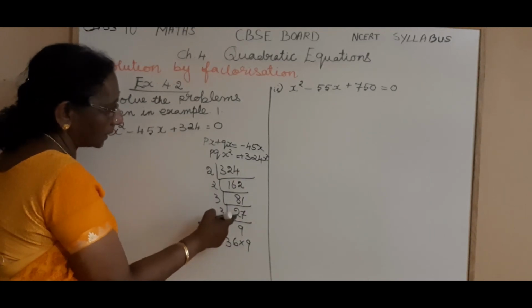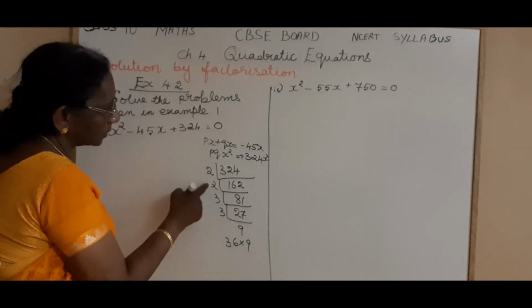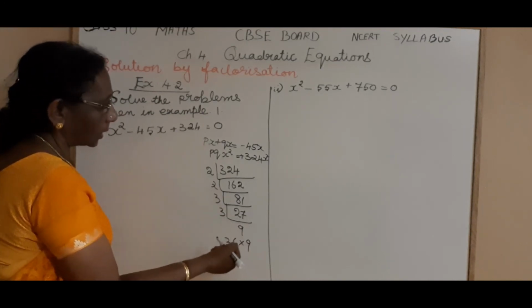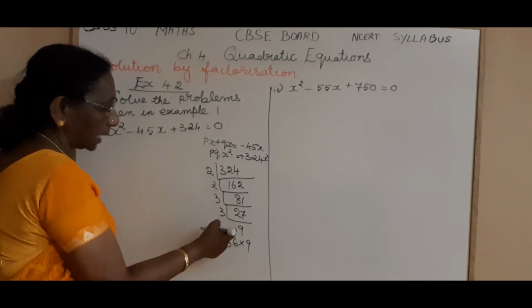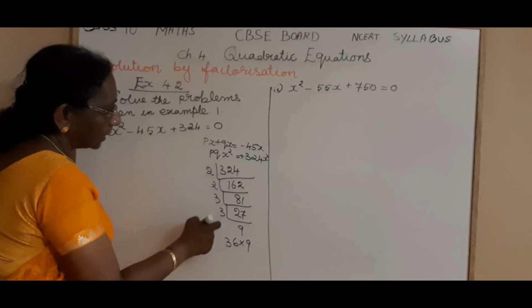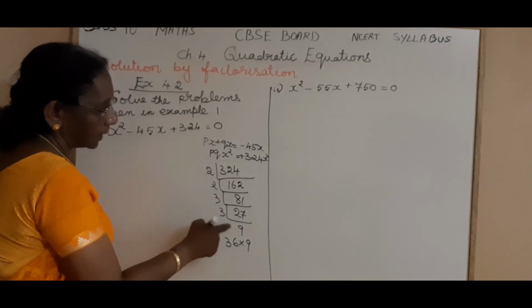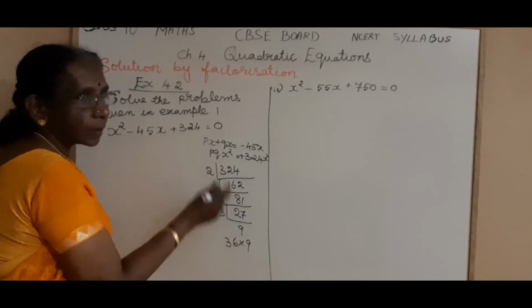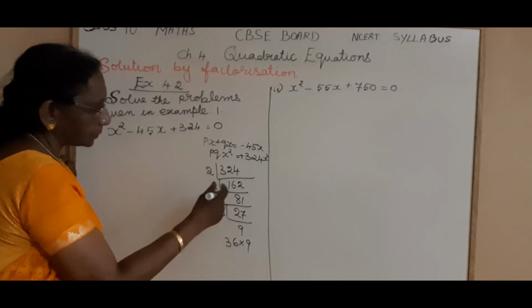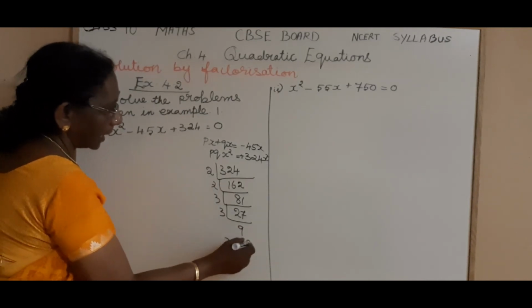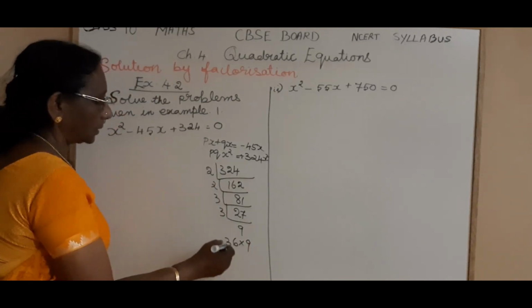Then we move to 27. 3 twos are 6, 6 twos are 12. 27 plus 12, 39, we don't want. Now you move to the next one, 9. You multiply all these things. 2 twos are 4, 4 threes are 12, 12 threes are 36, plus 9, 45. Like that you go on checking step by step. So 36 and 9 are the two numbers.